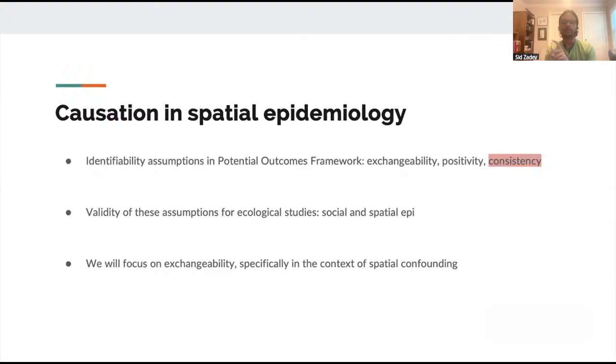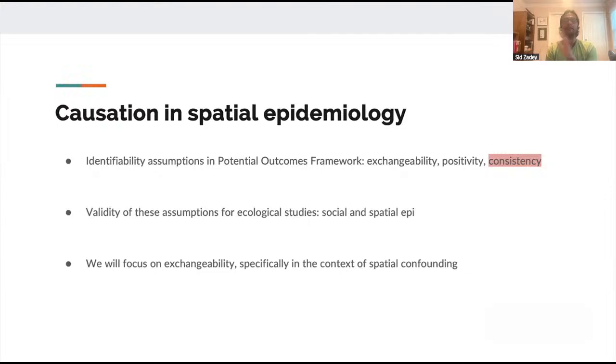And so that breaks the consistency assumption at the very start in a lot of cases. We'll talk more about exchangeability as we go along in this presentation.